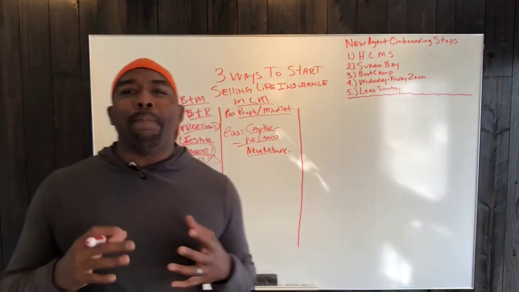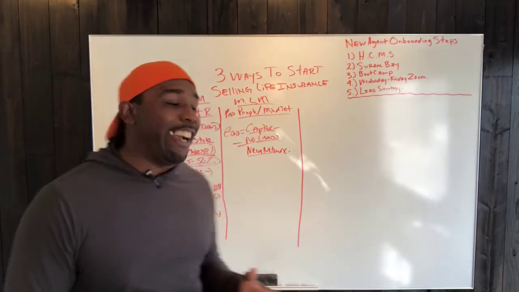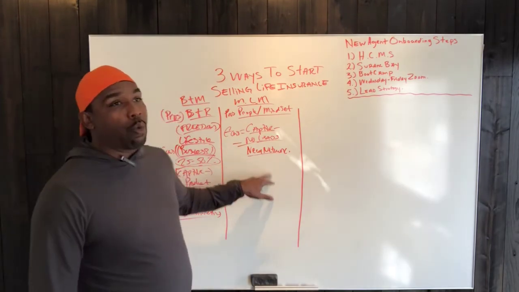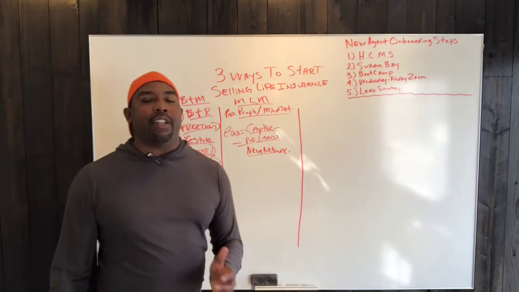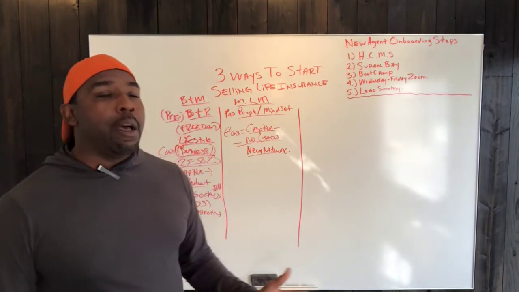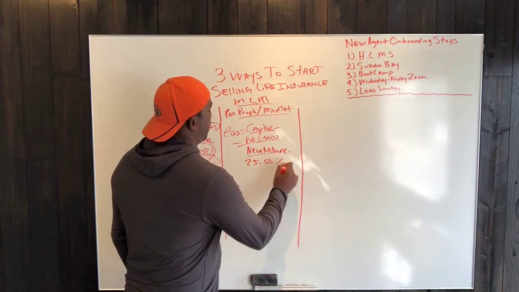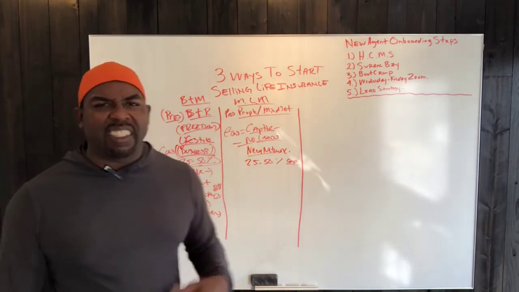And most of them just can't build it in a fast enough time to see the money come in that they desire, right? And so in this industry, if you don't have a network, you're not going to make any money, at least not consistently. You might get some bonus money here and there. You may write a policy here and there, but unfortunately, you're at like a 25 to a 50% comp again, right? So you're not making a ton of money off the policy anyway.